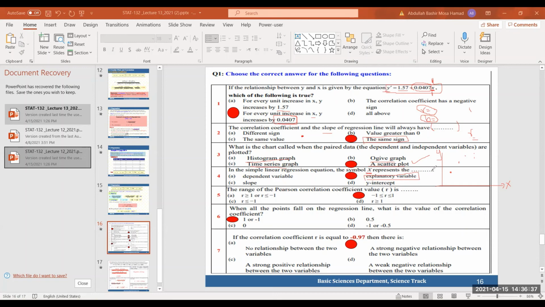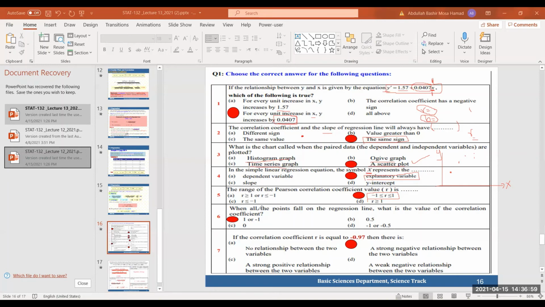Okay, let's move to the 5. The range of correlation coefficient value R is -1 less than or equal to R, less than or equal to 1. This value of R ranges between -1 to +1. Cannot be more than 1, cannot be less than -1.